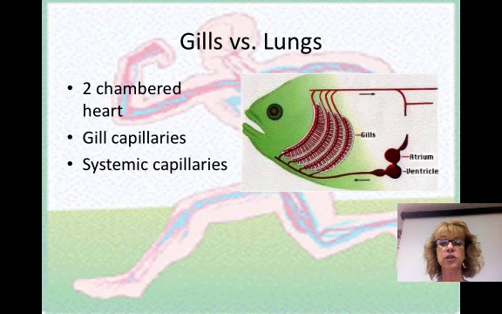The fish heart has two chambers, one atrium and one ventricle. The blood from the ventricle goes to the gills, it gets oxygen and disposes of CO2 across the gill capillaries. The gill capillaries empty into a vessel that carries oxygen-rich blood to the rest of the body. The systemic capillaries empty blood into the vein to the heart.